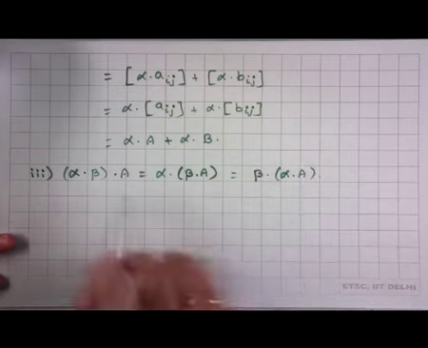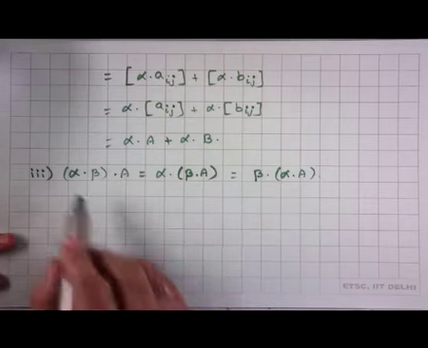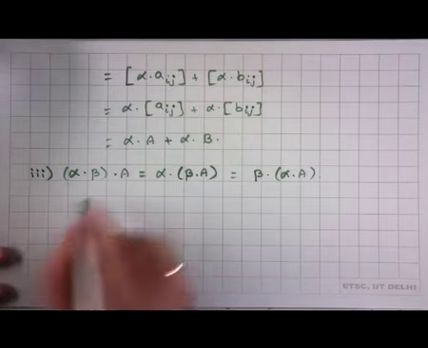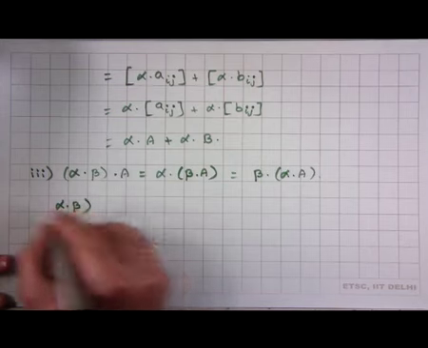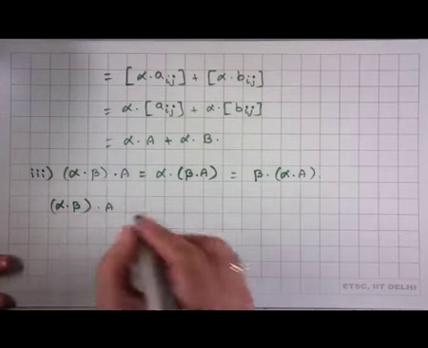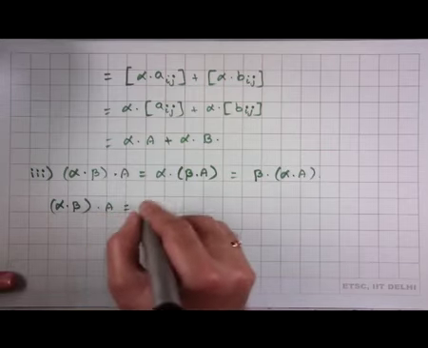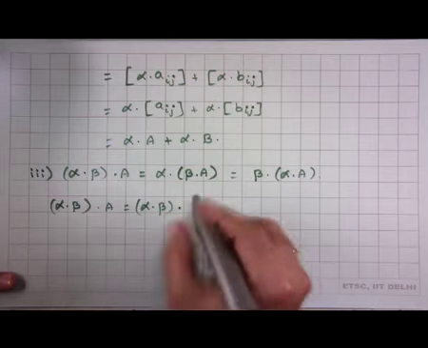It is enough to prove one of these things, because the third one follows since alpha dot beta is the same as beta dot alpha. So, (alpha dot beta) dot A. As usual we assume that A is of the form Aij.